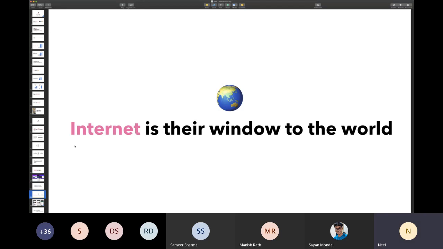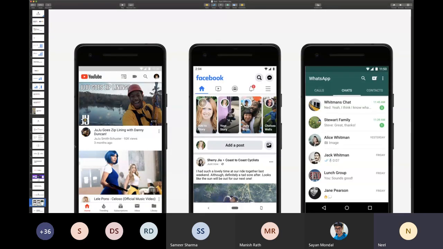Internet is a window to our world, and to give you an idea of what I mentioned earlier, people learn how the internet or mobile apps work because of what they are exposed to. So a lot of people's perception of what the internet really is gets formed because of these three: YouTube, Facebook, and WhatsApp.